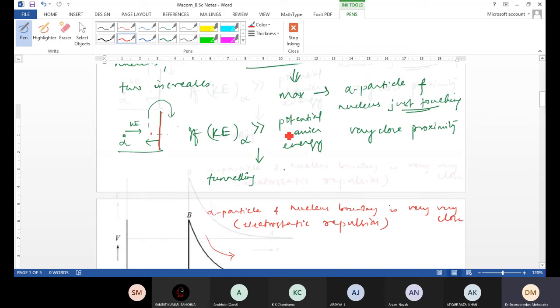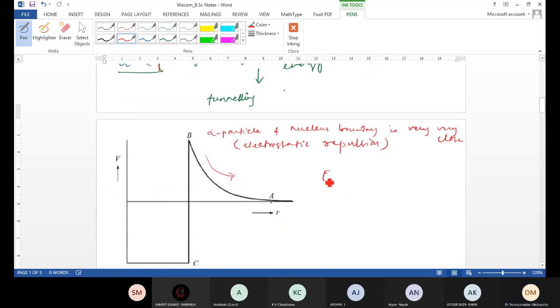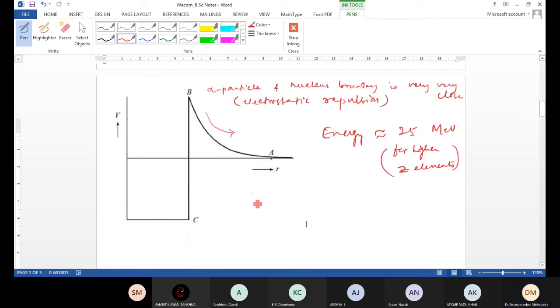Understood? So from calculation, it is found that this energy is roughly about 25 mega electron volts for higher Z, higher atomic number elements. But experimentally, it has been seen surprisingly that in case of a few radioactive elements, the energy range is close to 4 to 5 mega electron volts, and this particular energy of the alpha particle is able to cross this potential barrier.